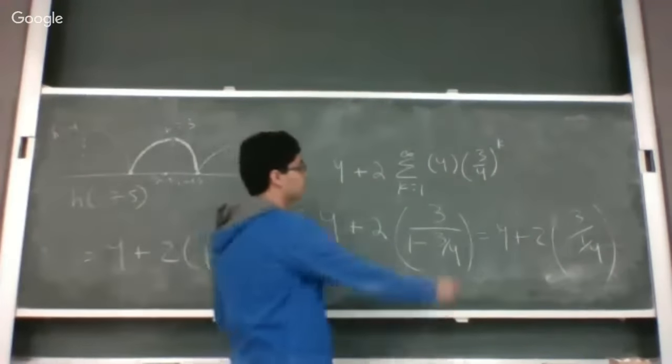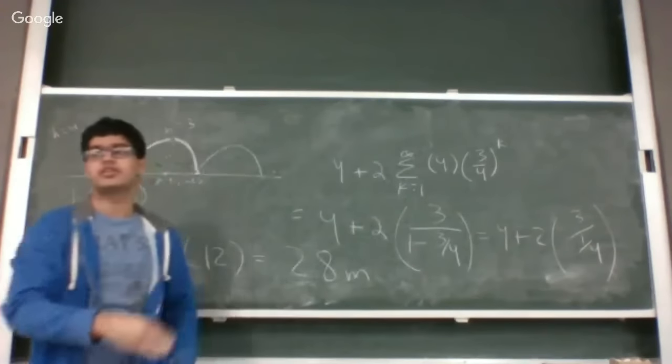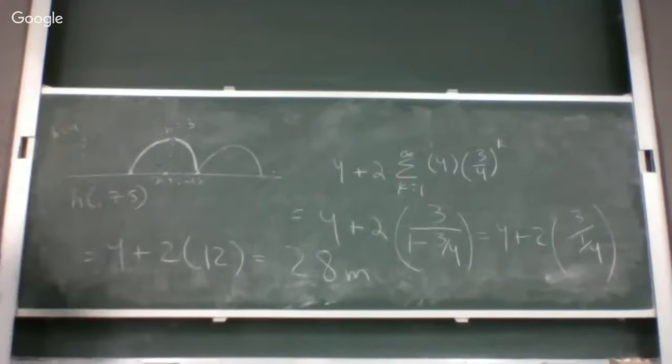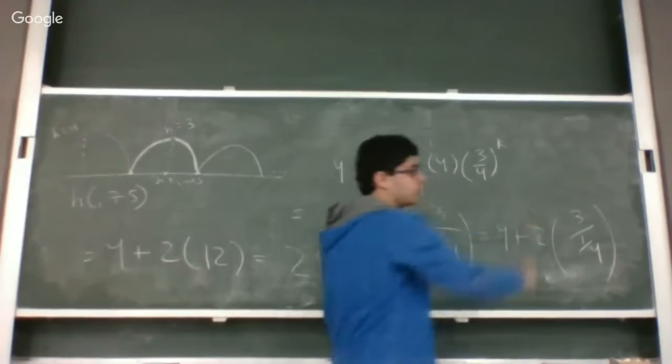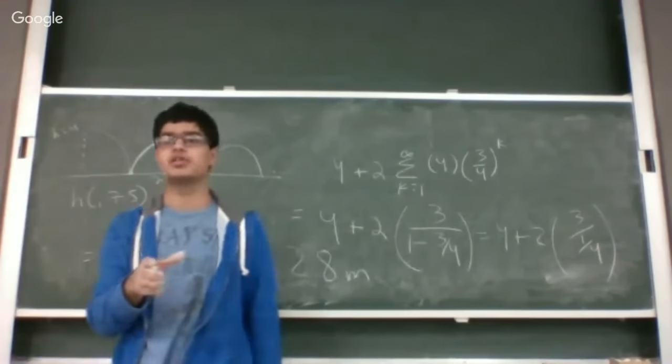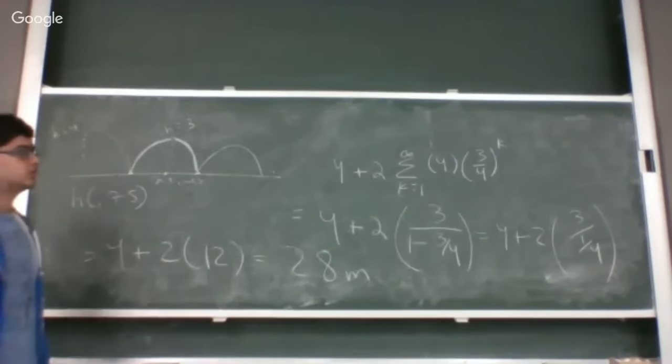Because each time we need to multiply by a factor of 3/4 to have it decreasing. So as the series goes, it's times 3/4 times 3/4 times 3/4. So the second time it would be 4 times 3/4 times 3/4, because the first time we would get a 3, and then we need to multiply by a 3/4 again.